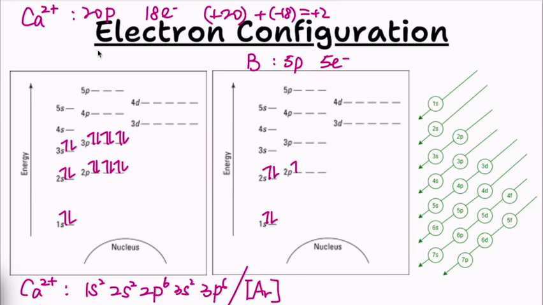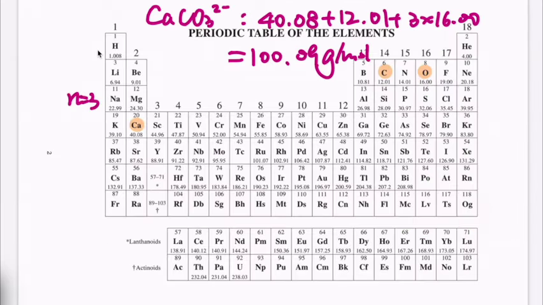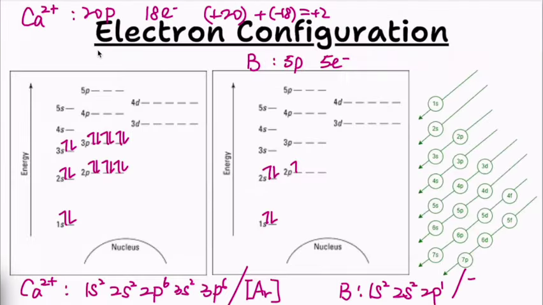So electron configuration of boron will be 1s2, 2s2, and 2p1. If I use the noble gas abbreviation, and boron is in n equals 2, so I need to find a noble gas in n equals 1, which is helium. So it will be bracket helium and then 2s2, 2p1.